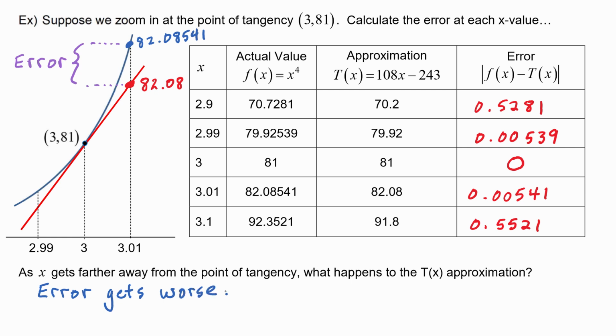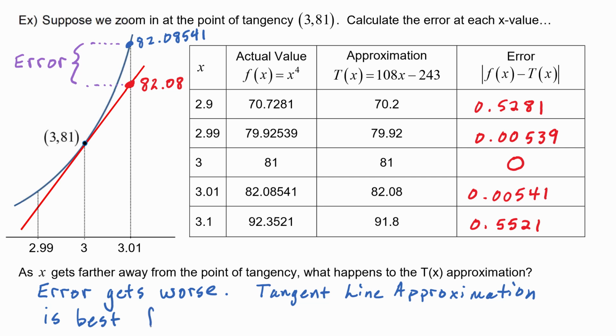So the conclusion that we can make here is that the tangent line approximation is best for very small changes in x.